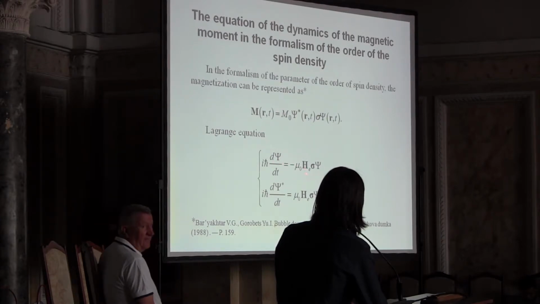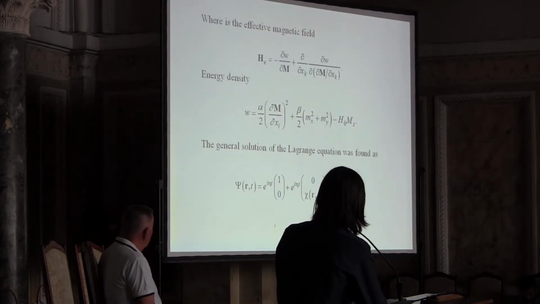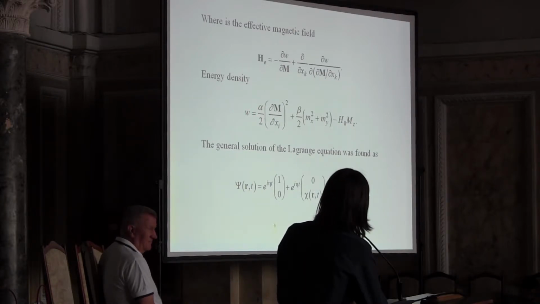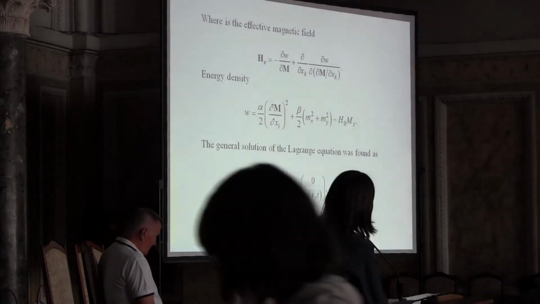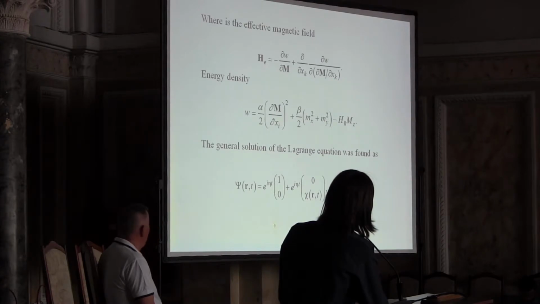Here is the effective magnetic field, which we found by this formula, where the density of energy is described as follows. Here alpha is a parameter of exchange interaction in the medium, and beta is the parameter of uniaxial magnetic anisotropy, and here is the external magnetic field H.